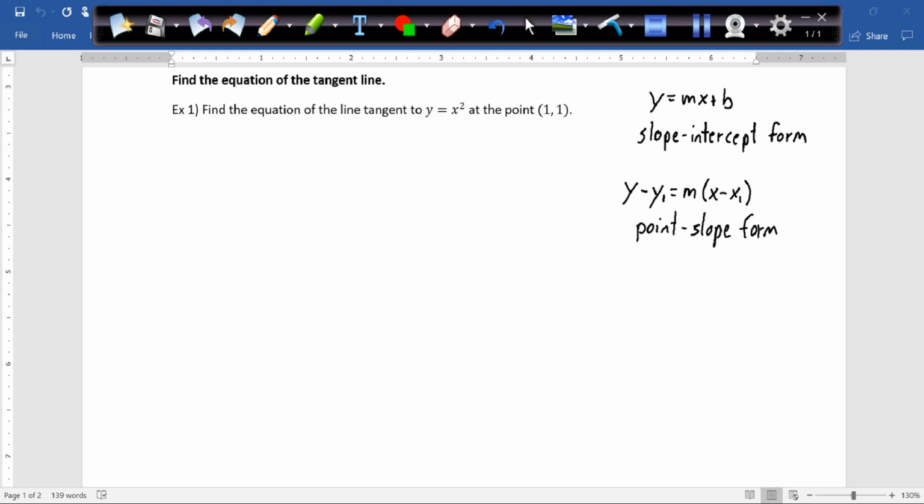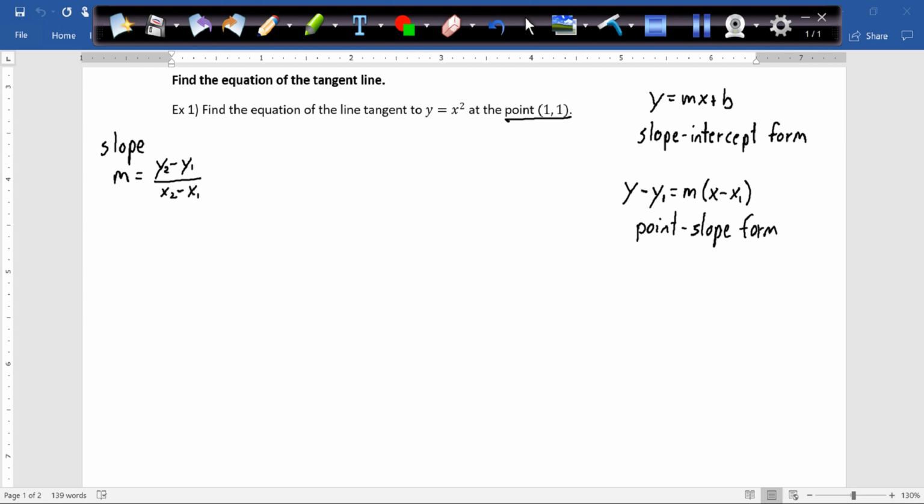Okay? Now the nice thing here is, here's my point. Okay? But how do I find the slope? How do you find the slope of a line? Slope we said is m equals y2 minus y1 over x2 minus x1.